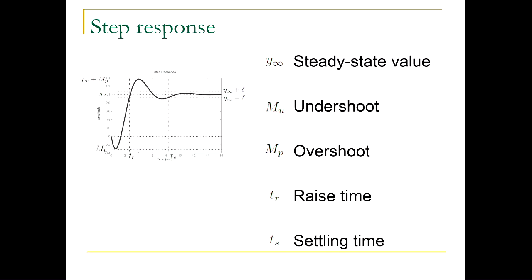So where would this undershoot be present in true systems? Can you give me an example of a system that exhibits undershoot? Bicycle. Very good.